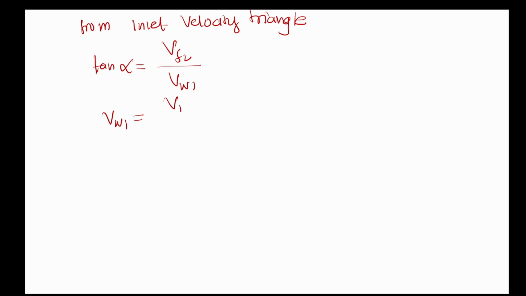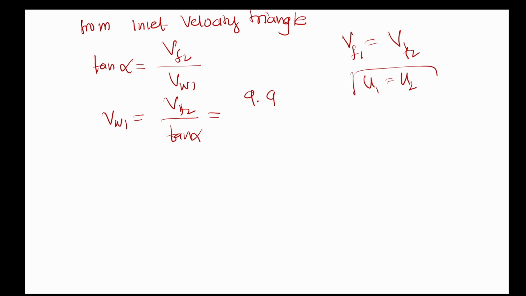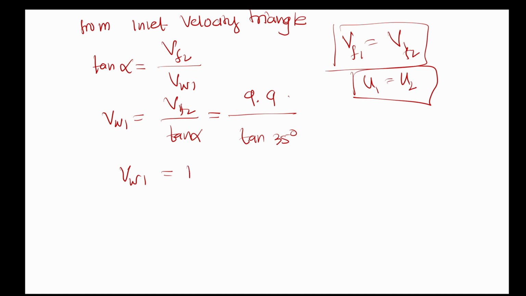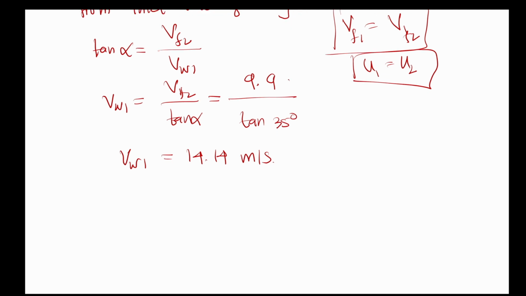In case of Kaplan turbine, Vf1 will be equal to Vf2 and U1 will be equal to U2, that is, the plate velocity and the flow velocity will be same. So therefore we can take it as 9.9 divided by tan 35, and the angle 35 is already given in the question, so we will be getting it as 14.14 meter per second. So after getting this value, we have got almost all the values.